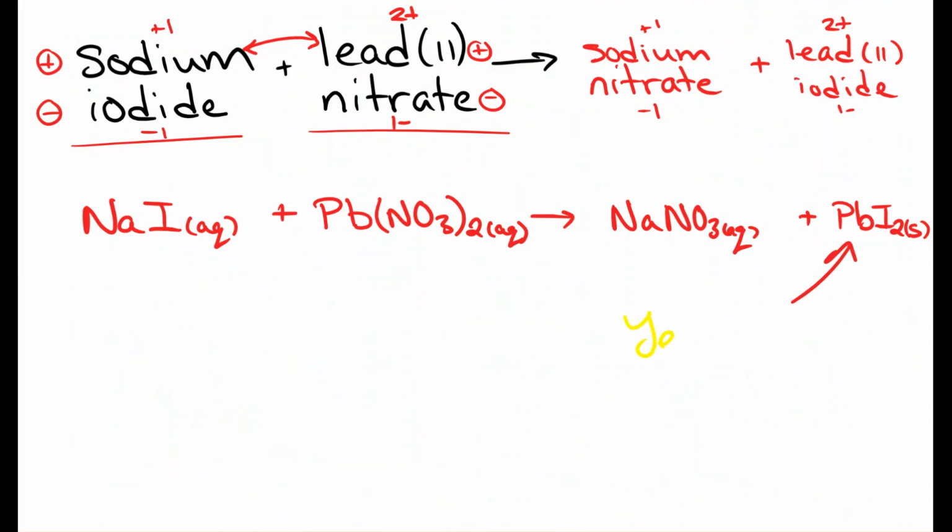That was our yellow precipitate. Oh man, yellow on white is never a good idea. Whatever, that's okay. So let's go back and analyze a few more chemical reactions for our double replacement reactions.